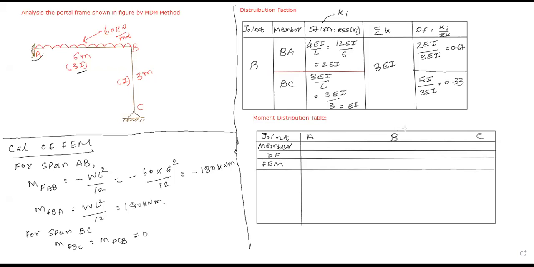At joint B, there are 2 members, so I need to bifurcate joint B. Yes or no? Like this. At joint A, we have AB. At joint B, left side is BA. You can say right side or down, that is BC. And at joint C, that is CB. Is it clear? Please confirm me.